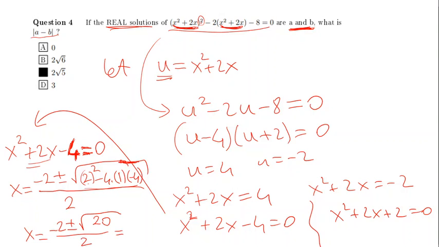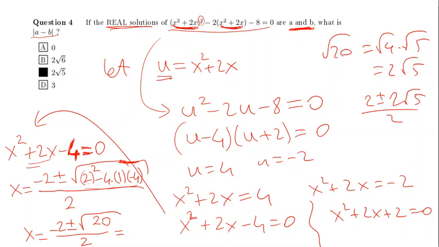Square root of 20 is square root of 4 times square root of 5, which gives you 2 square root 5. If you do the cancellations here, minus 2 plus minus 2 square root 5 divided by 2, you will end up with minus 1 plus minus square root 5.